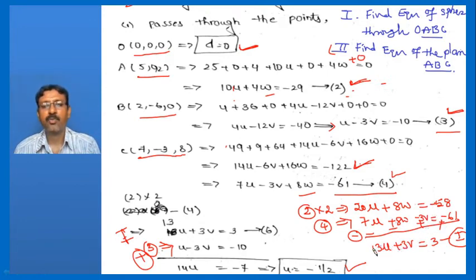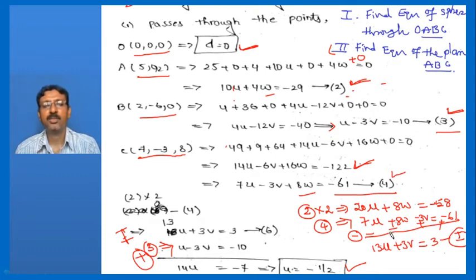Finally, I got an equation having u and v: 13u plus 3v equal to 3. Observe the third equation: in this also we have u and v. Solving these two equations, we can find u and v.